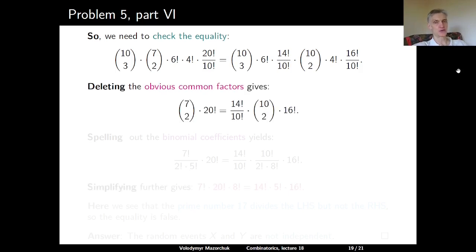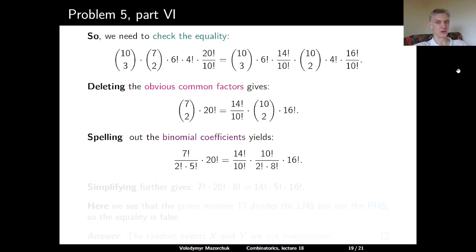First, we delete the obvious common factors, which are 10 choose 3 on both sides, then 6 factorial and 4 factorial. So what remains is on the left-hand side 7 choose 2 times 20 factorial, and on the right-hand side 10 choose 2 times 14 factorial times 16 factorial divided by 10 factorial.